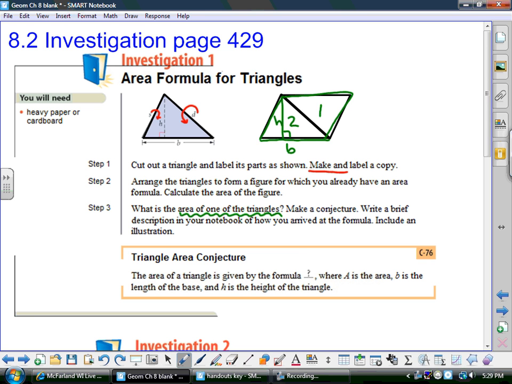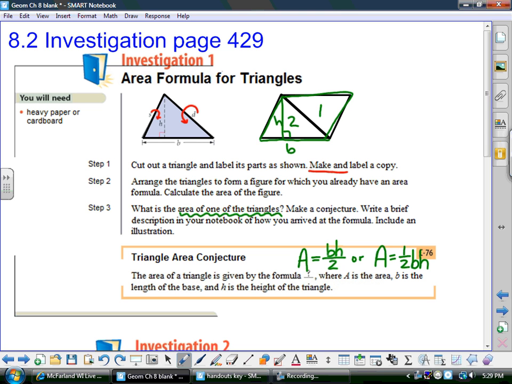So the area of a triangle is given by the formula area equals base times height divided by 2, where A is the area, B is the length of the base, and H is the height. Another way to write that same formula is area equals 1/2 times base times height.